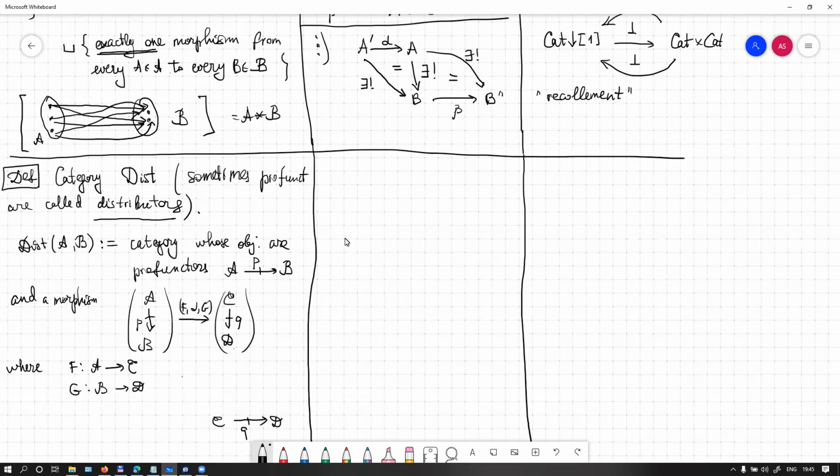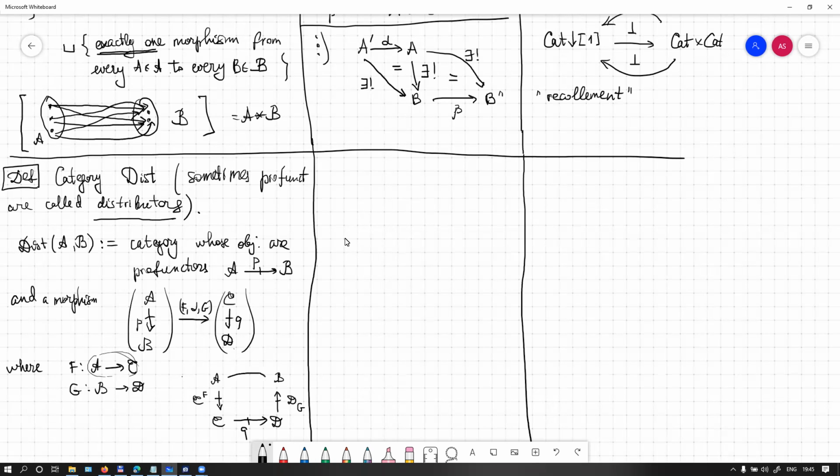Then I have a functor from A to C. Then I can make a profunctor, which will be called C super F. It is a co-representable profunctor. And I can make a profunctor from D to B, which is D G below. It is a representable profunctor.